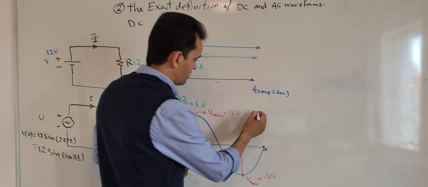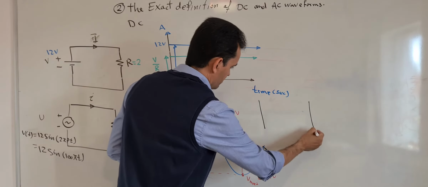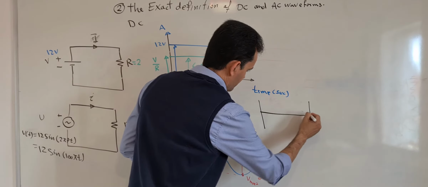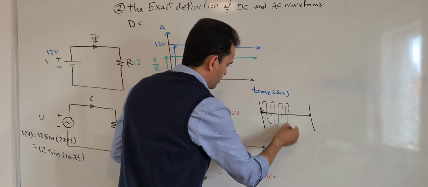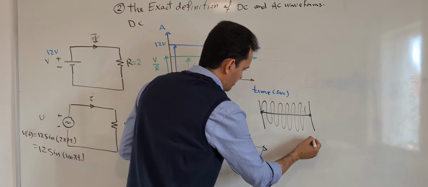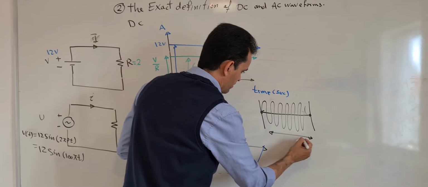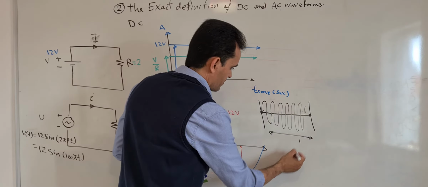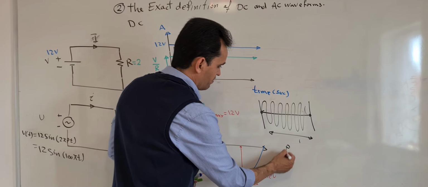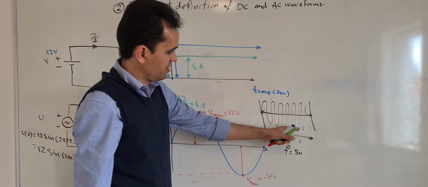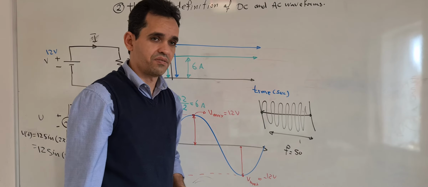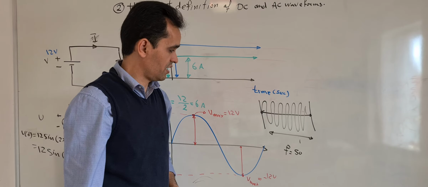So if we take a scale of 1 second, we can say this wave repeats itself 50 times. So if we take that as 1 second, we can say the frequency is equal to 50 hertz. That means this signal repeats itself 50 times in 1 second.